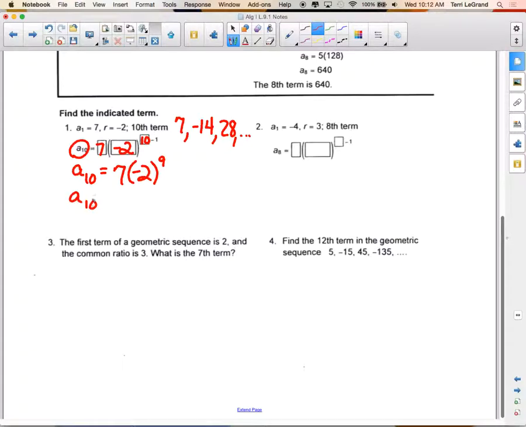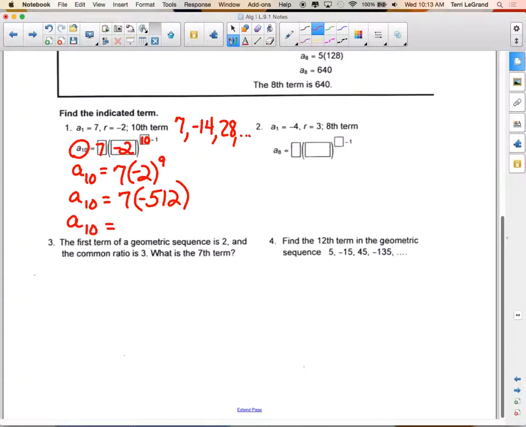So a sub 10 equals 7 times. Oh my goodness, I bet -2 to the 9th power is a fairly nice number. What is it? -512. So in other words, -2 times itself 9 times is -512.